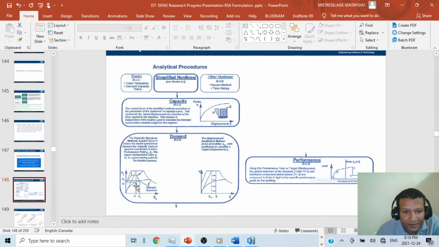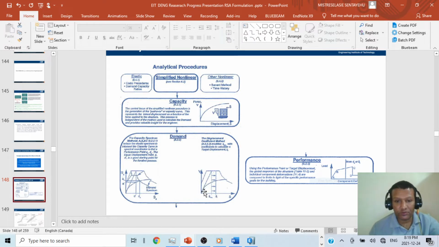So the demand spectrum, as you can see, we have the demand, and we have the capacity also. Then we have to reduce the demand. We will see how we reduce it, and we will put the capacity overlay, and the intersection will be the performance point.